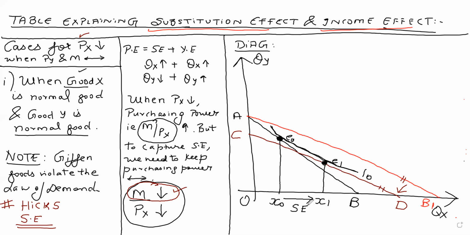That means, guys, when you are moving from the budget line AB to the budget line CD, your relative price is changing, but your purchasing power is constant.